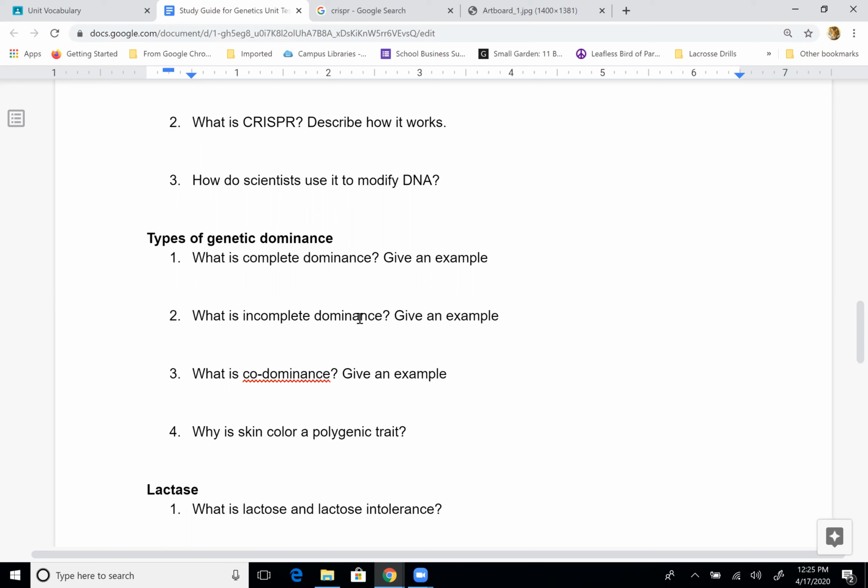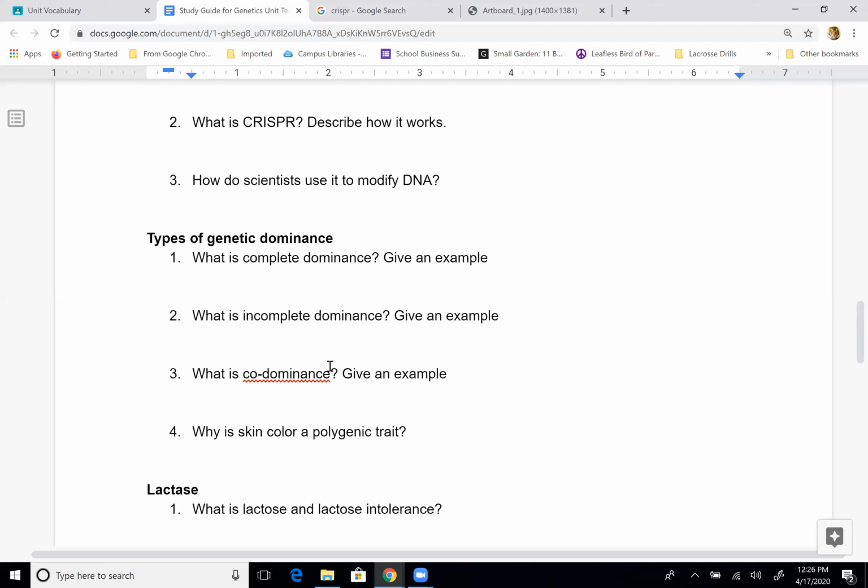Incomplete dominance, this is when you get a mixture. This is where a red colored flower cross pollinates with a white colored flower. The red color is the dominant allele of the color gene, but it's incomplete dominance, so you get a little bit of the white flower's genetic info, and therefore you get a pink flower.